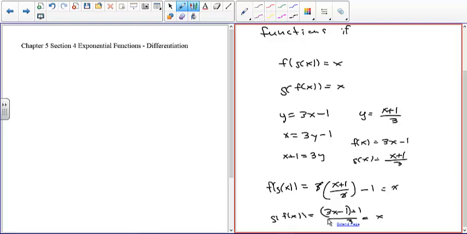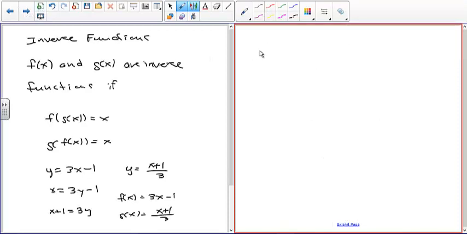And that also equals x if you simplify it out. But the key thing here is that for our chapter, there's two sets of inverse functions. One is, we can say e to the x and the natural log of x are inverse functions.